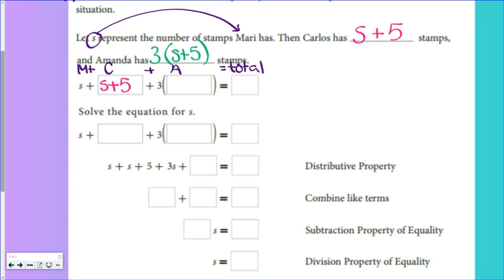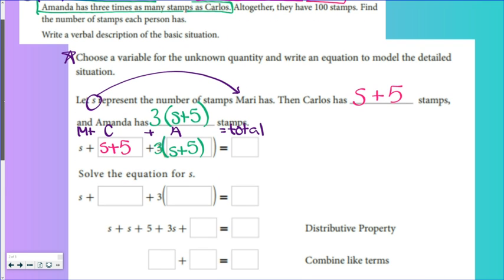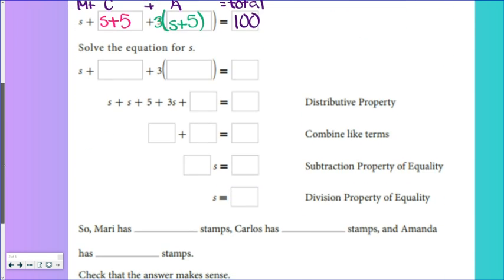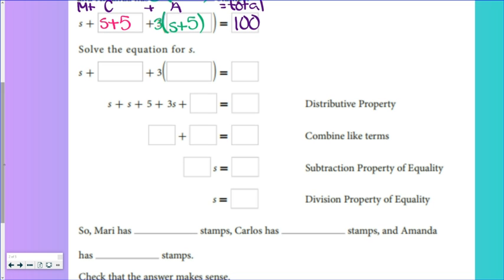And Amanda is 3 times S plus 5. And the total number of stamps is 100. So their total is equal to 100. And from here, we're going to solve for S. So I'm just rewriting the previous line.